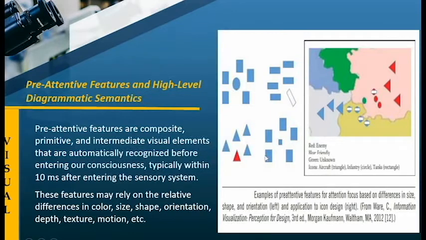So these pre-attentive features are used, for this example, for attention focus. So you can focus your attention here based on different sizes. Based on the left figure, it focuses on different sizes, shapes, and orientations, while on the right is an application to icon design.